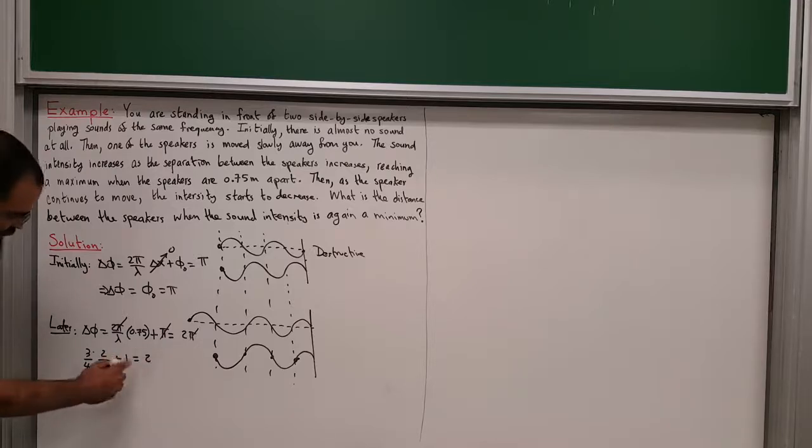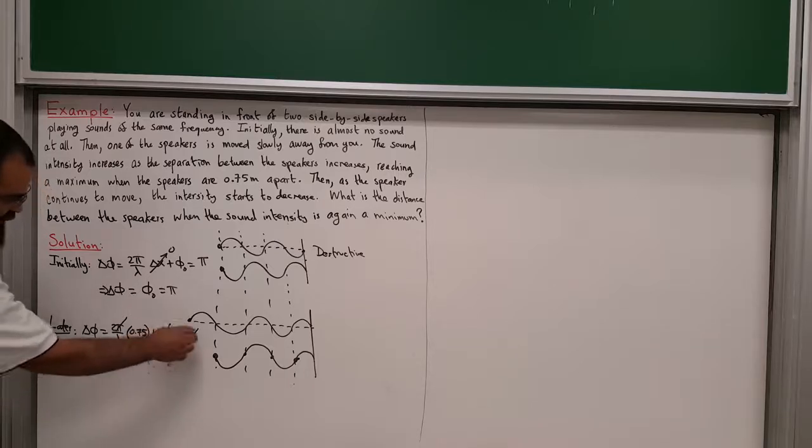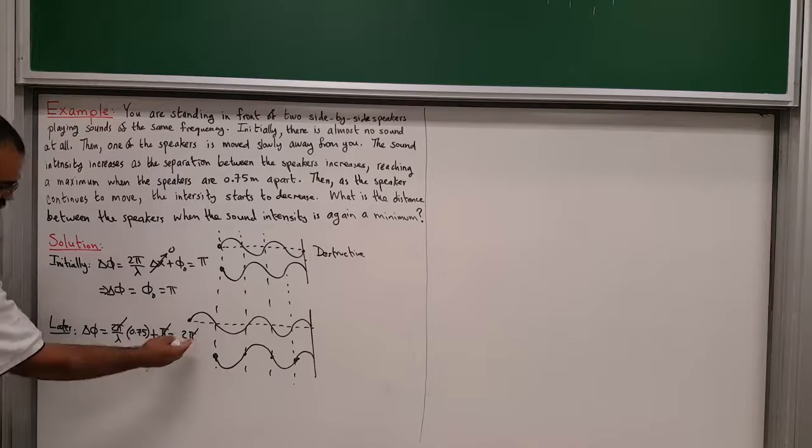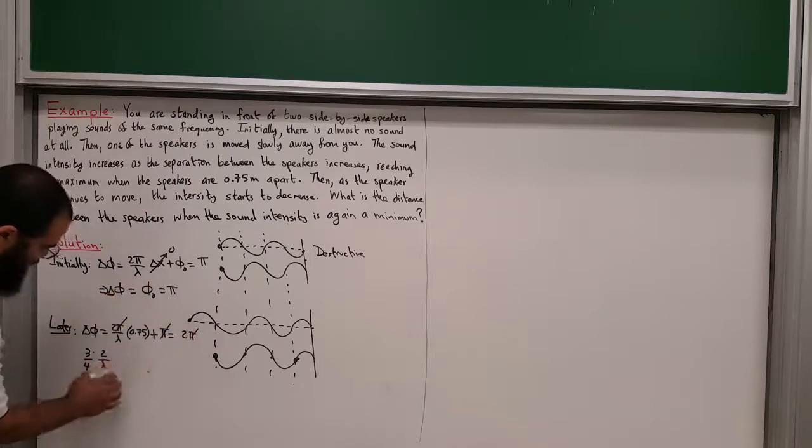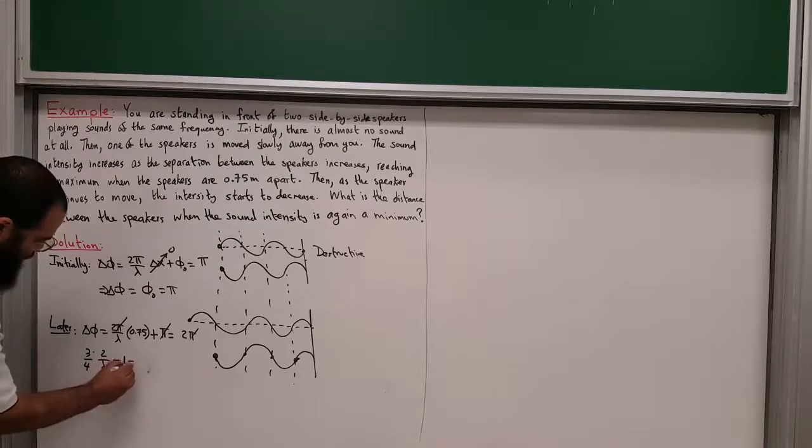Let's move the 1 to the other side. If we move the pi here, it will be 2 pi minus pi. That's just 1 pi, and then you divide the pi out. So you get this equal to 1.